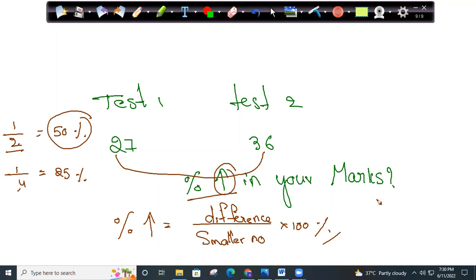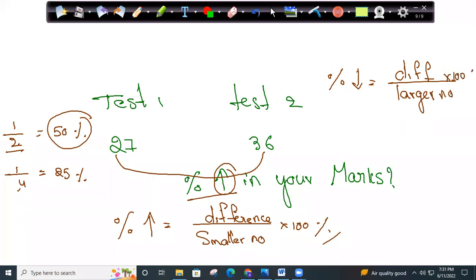So percentage increase is difference upon smaller number into 100%. Similarly, percentage decrease is given by difference upon larger number, into 100%. Golden words, please do write them in your notes and keep for your records.